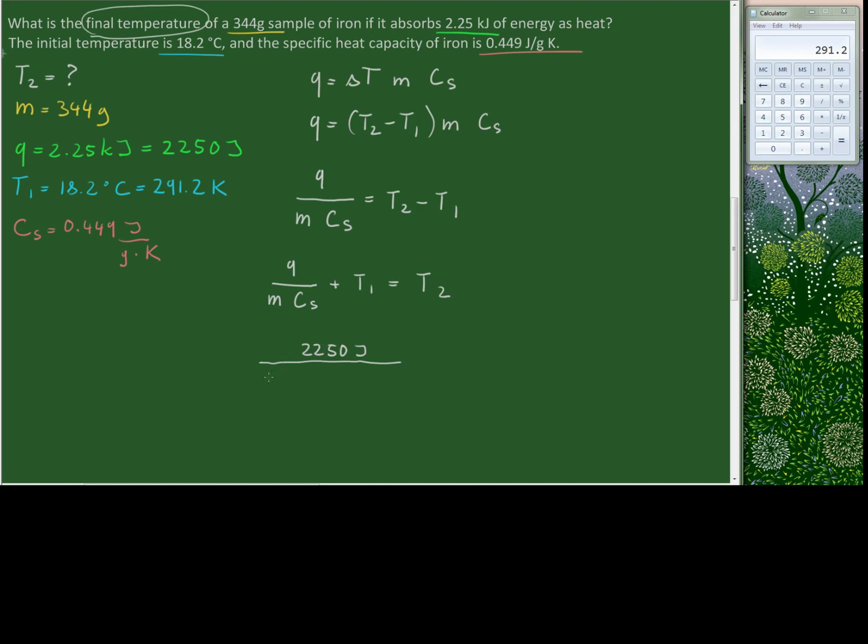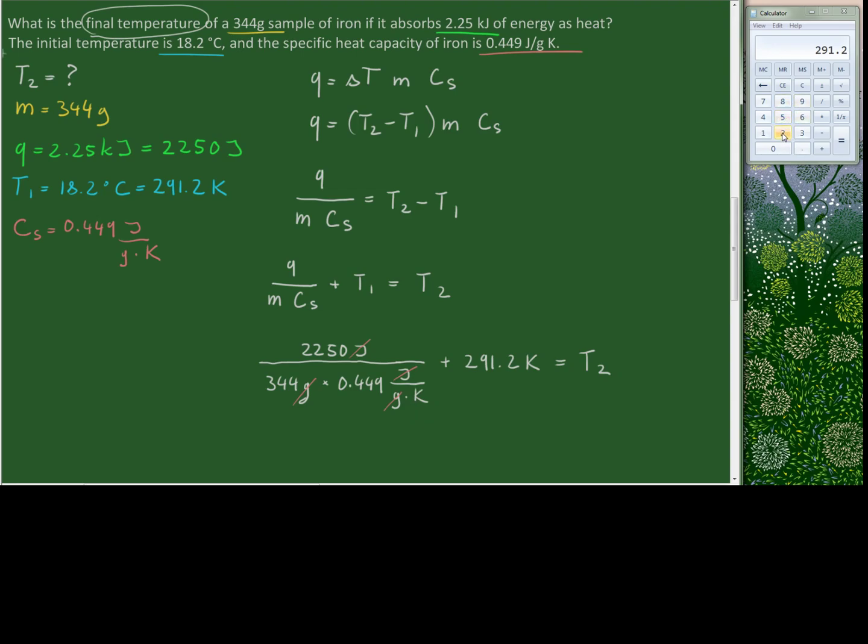Mass is given as 344 grams times specific heat capacity 0.449 joules per gram Kelvin, plus T1, which we have as 291.2 Kelvin, equals T2. And over here some units should cancel, so this joules and this joules will go, this gram and this gram will cancel, and this Kelvin will come up on top.